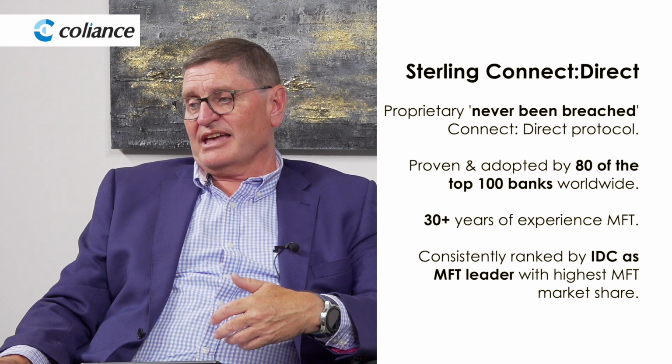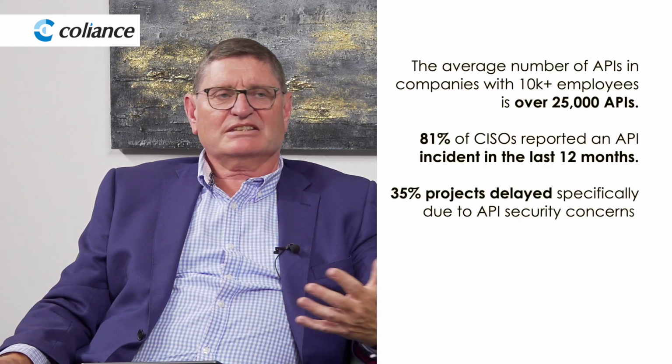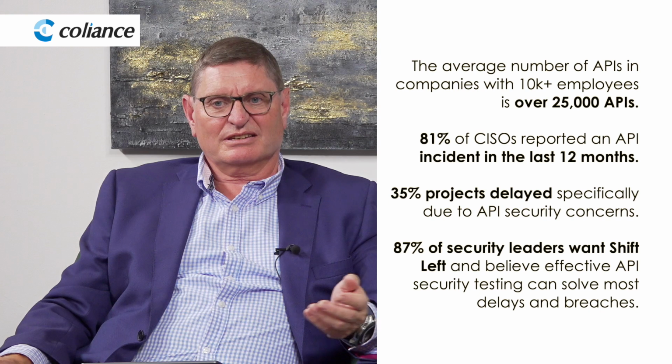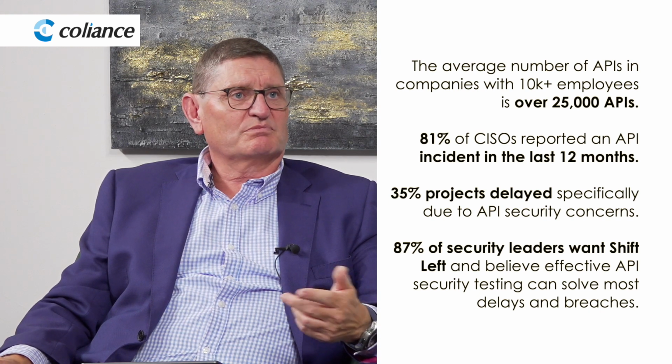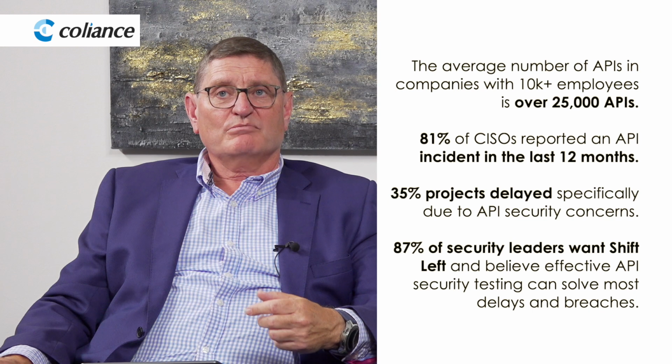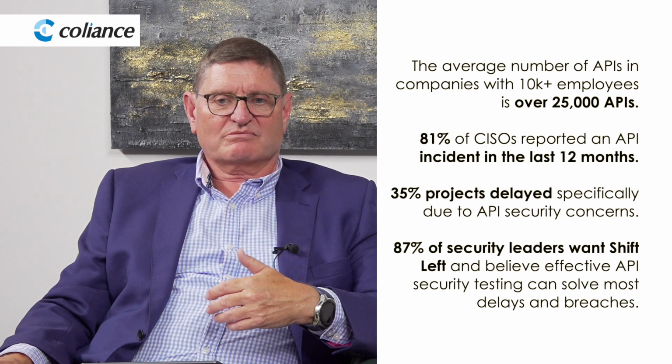On the other end, APIs. There's a massive proliferation. Most people think of APIs as internal business processes. But a recent example I can think of was where a developer within a bank left one of their development systems open and gave a direct link into the production system, and no one in the organisation spotted it until the hackers spotted it, and took an awful lot of money off a particular financial institution.